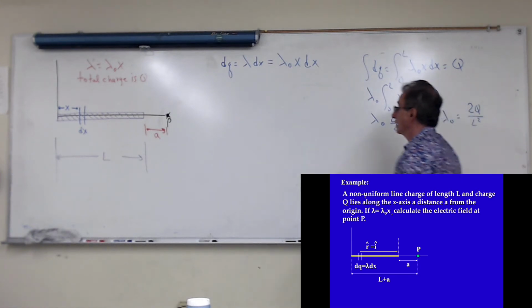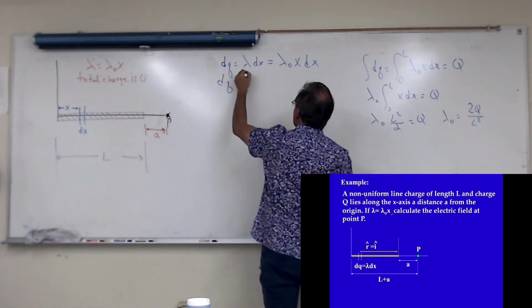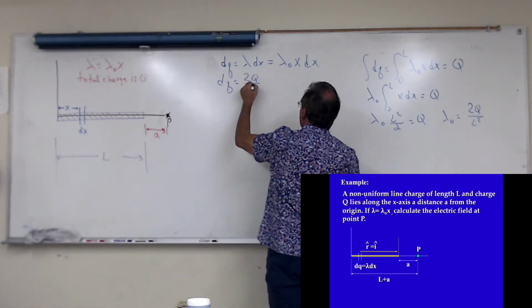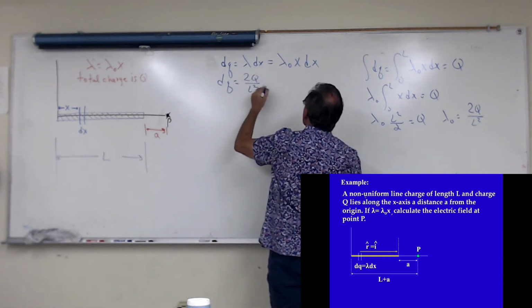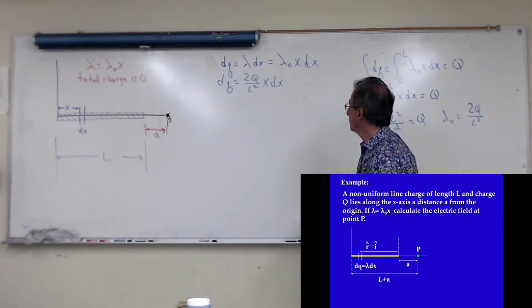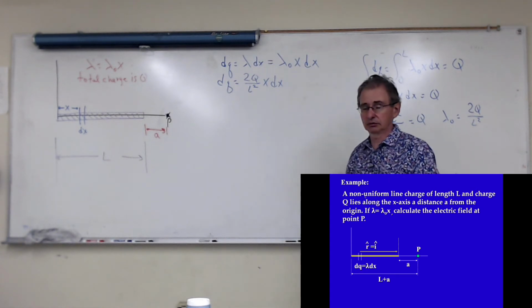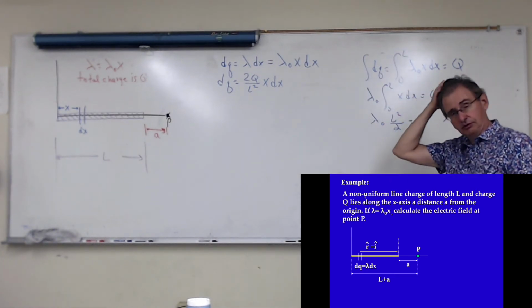So that means then I can write the following. dq is 2q over L squared x dx. And if you notice, if I integrate this over the entire length of the rod, I end up with q, which is what you should get.